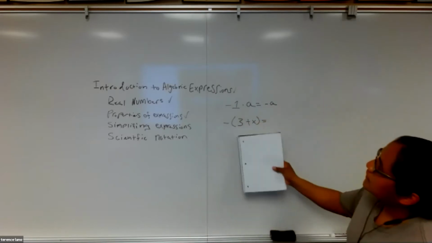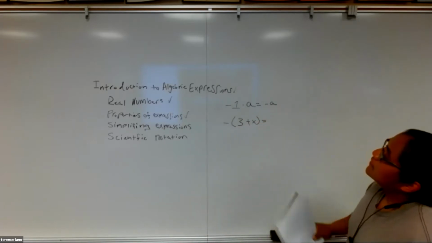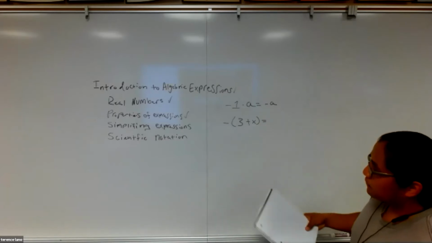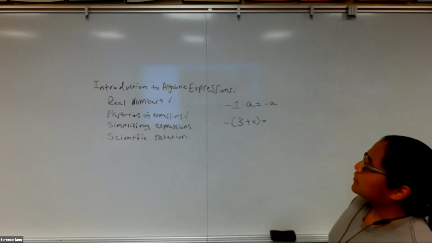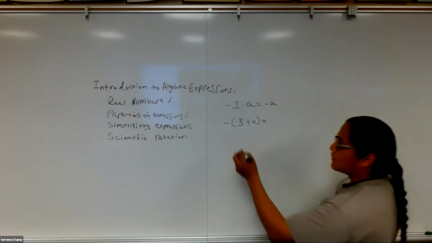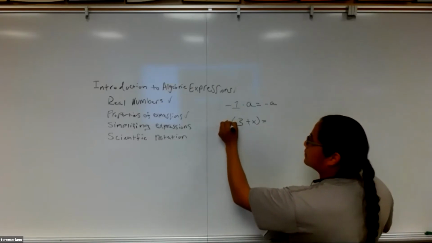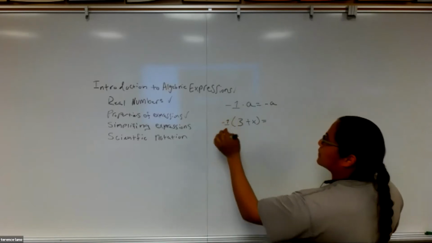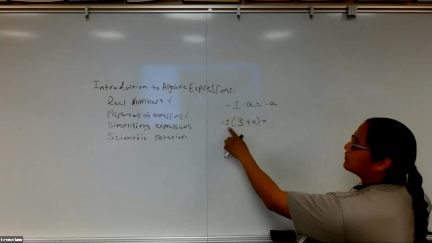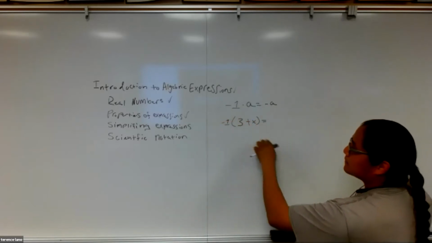And when we're given a problem just like this with parentheses, what we're going to do here is FOIL it, because there's always this invisible -1, and we're going to apply -1 to both of these.